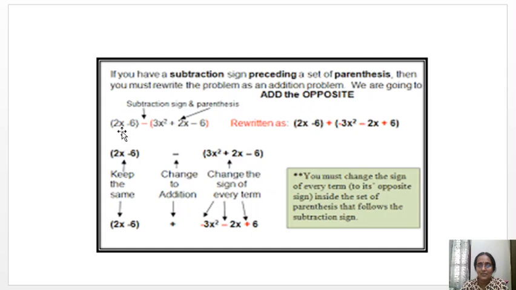From this expression you have to subtract the entire expression 3x square plus 2x minus 6. So how will we write? The same rule applies here also. You have to open the bracket first. Now write the first expression as it is, minus, and then the bracket.